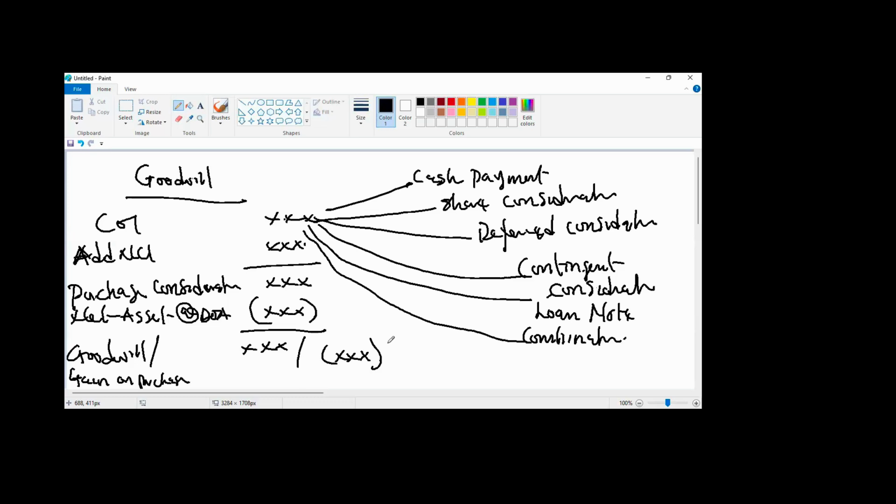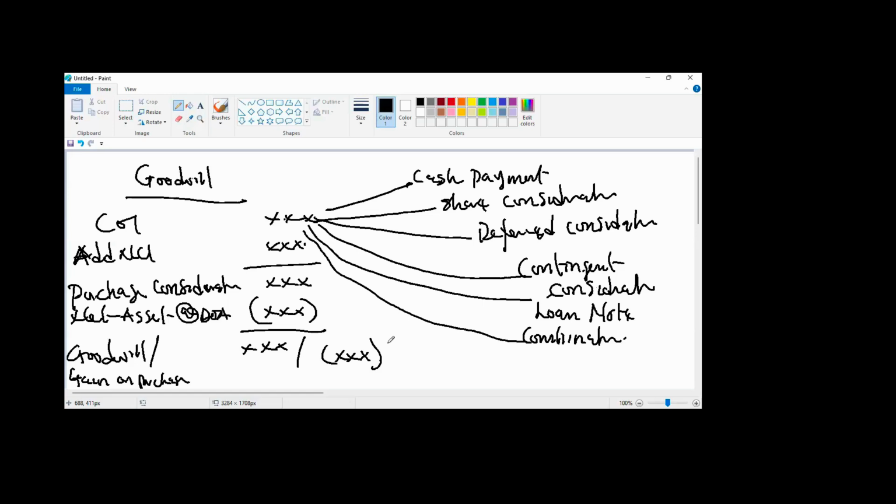And 4, fair value of the whole subsidiary. One of the 4 must be in the question, either with or without the group policy.